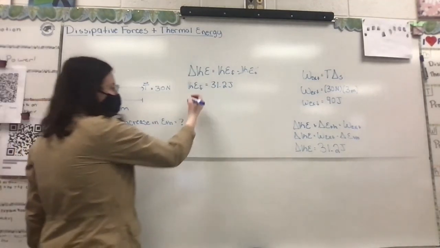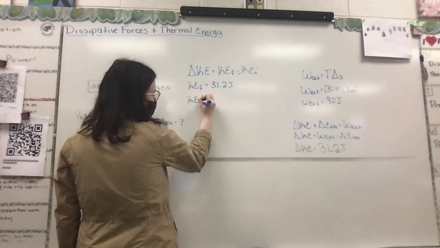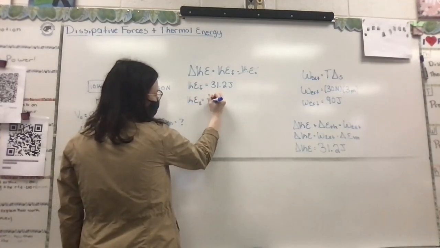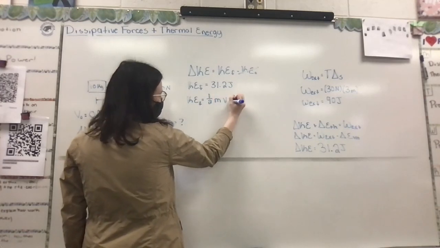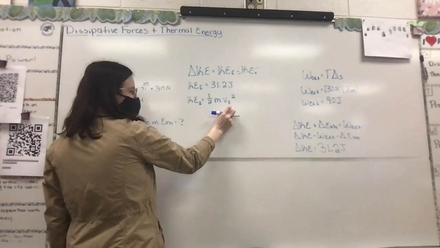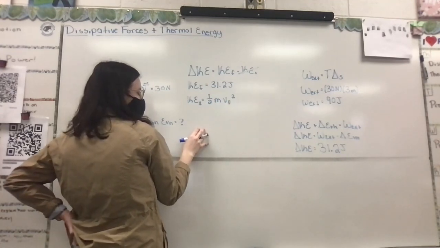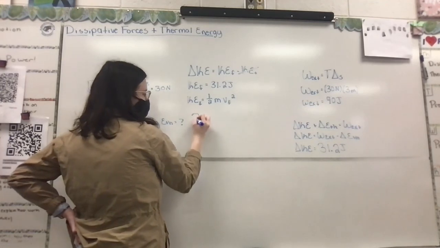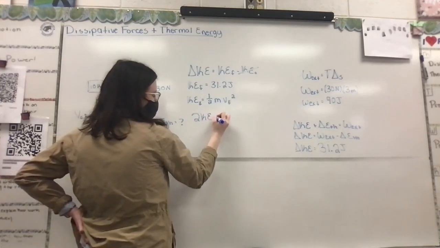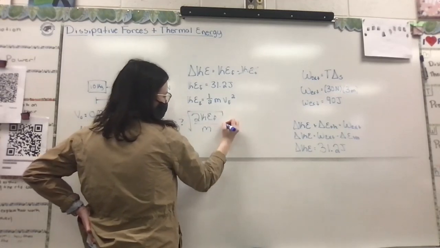We know that final kinetic energy is equal to 1/2 mass times our final velocity squared. We need to rearrange this to solve for vf. So you multiply by 2, divide by m, and then take the square root. Do you all see how that algebra works out?